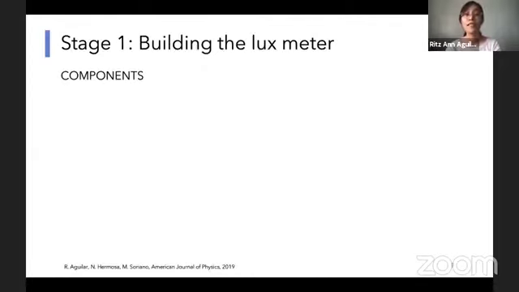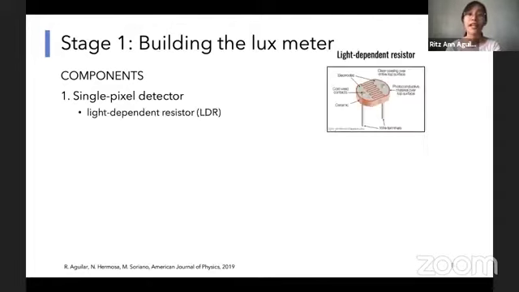So for the first stage in building your single pixel camera, you need to have a LOX meter. The components are, of course, a single pixel detector. You can have a light dependent resistor, an LDR, which is very cheap, and it only costs around 10 Philippine peso. It's widely available, sensitive to light intensity changes, and again, very cheap.